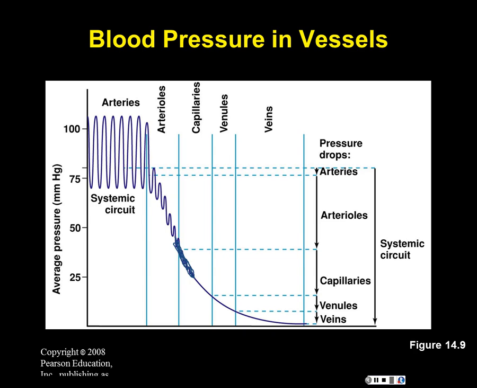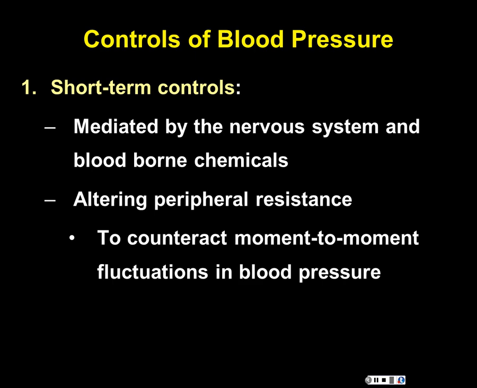And what we summarized is we can control blood pressure extrinsically using the nervous system and the endocrine system. We learned the nervous system is going to give us our quick control. And what the nervous system primarily does is alter peripheral resistance. Okay, that's one thing that it does.